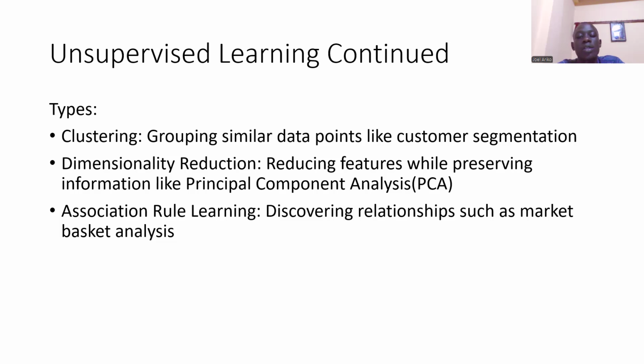This works best in principal component analysis, which reduces features while preserving the information. Then another type is association rule learning, where you discover relationships. For example, market basket analysis, where you can analyze very many commodities around the market.